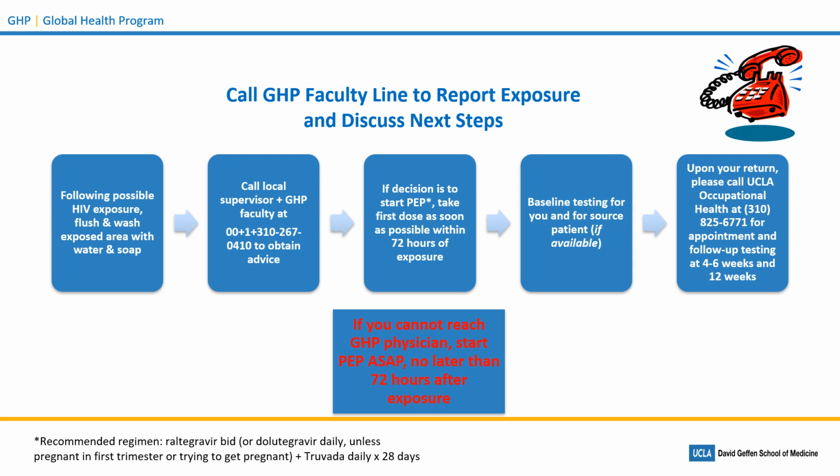Here's the number for you for an appointment and follow-up testing at 4 to 6 weeks and at 12 weeks. If you can't reach a GHP faculty member, please start PEP ASAP and no later than 72 hours after exposure. Down at the bottom of this slide, you can see the recommended regimen, unless you're pregnant in your first trimester or trying to get pregnant, and that regimen differs a little bit.